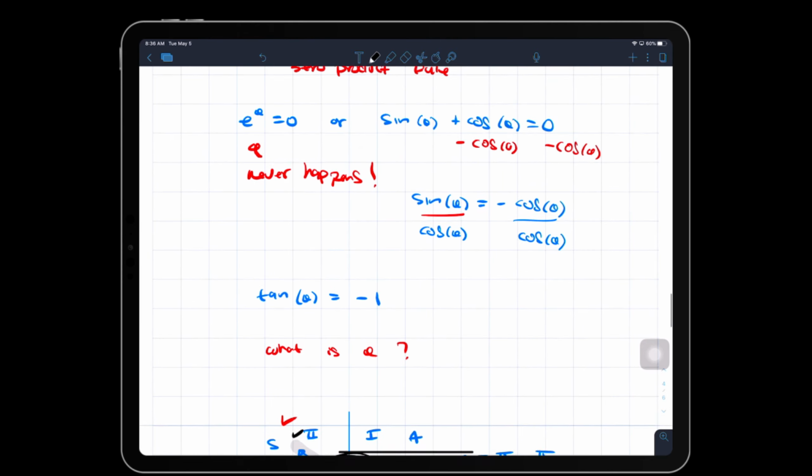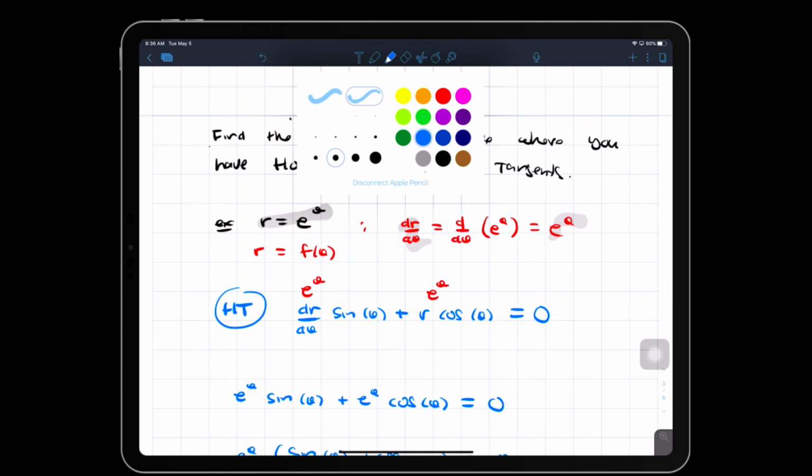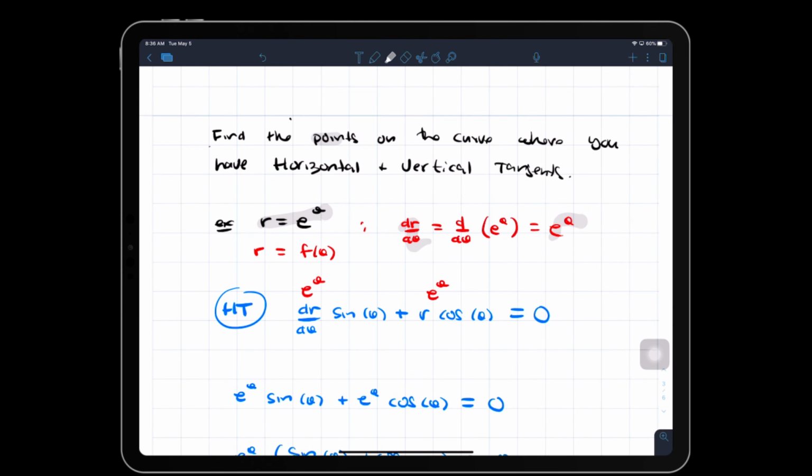Now go back here, and then they say, but they want me to find the points. Now, a point in the polar world is r theta. We just got the theta values. The question is, what is r? Well, r is way back here.